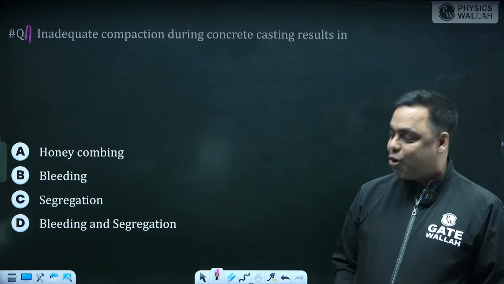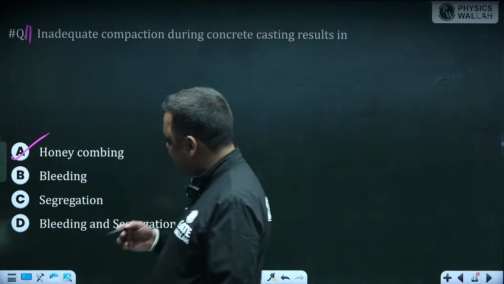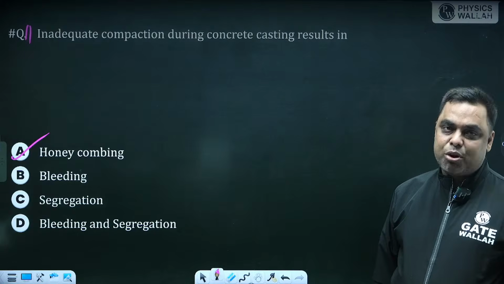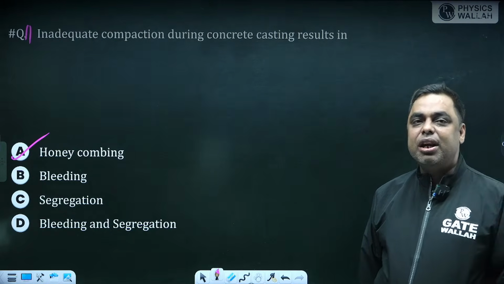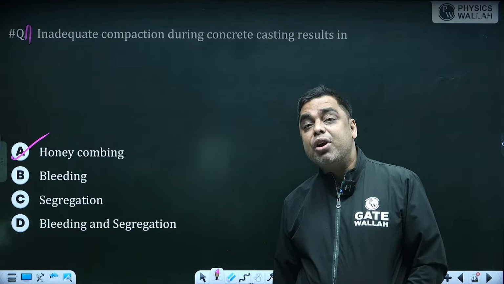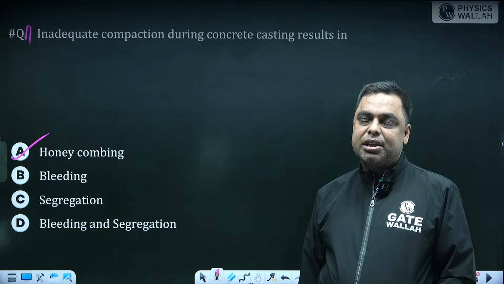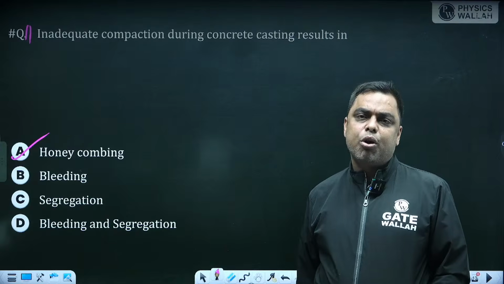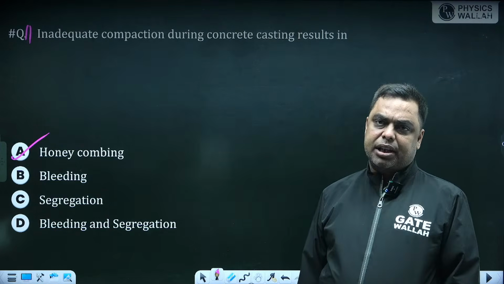Very good. I was not expecting this answer, but you guys have given the correct answer and won my heart. Rushikesh ji, it's not D. Bleeding will occur due to overcompaction. Wherever there is bleeding in concrete, it is due to overcompaction, over vibration rather.